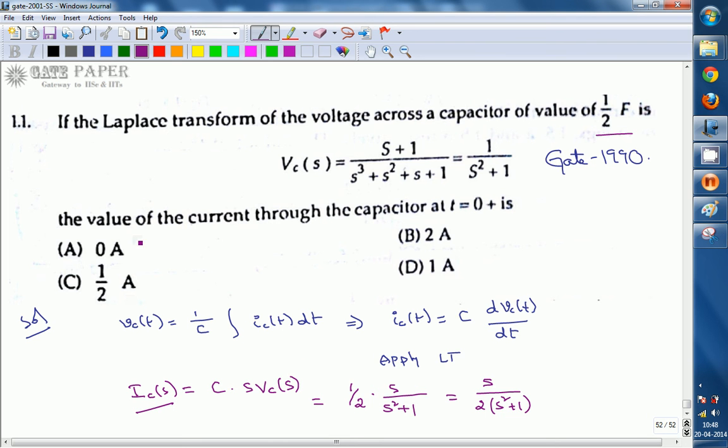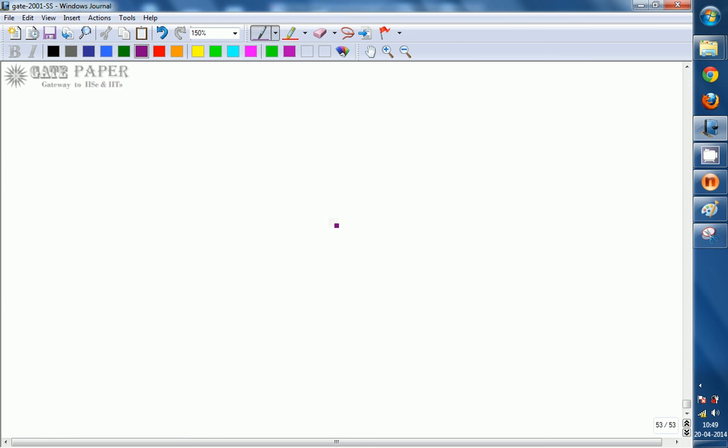Now we need to find the current through the capacitor at t equals 0 plus. So we need to find the value of this IC of t at t equals 0 plus.